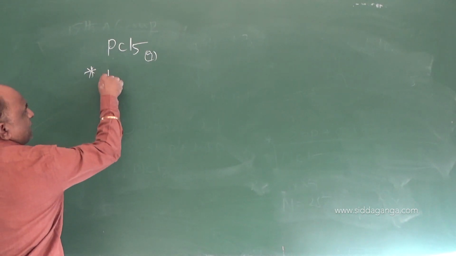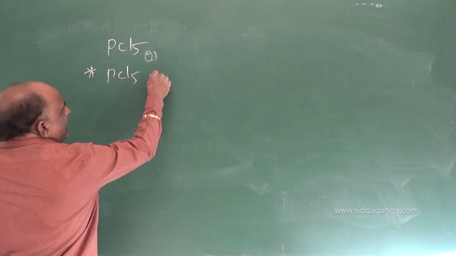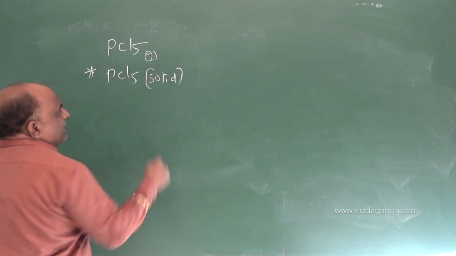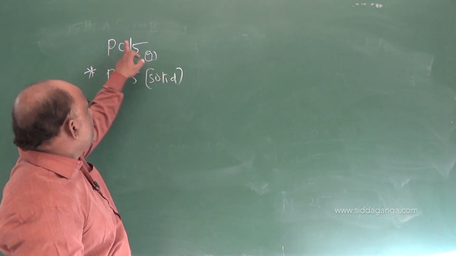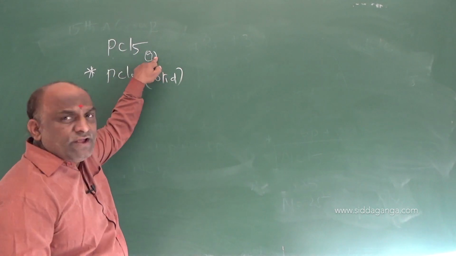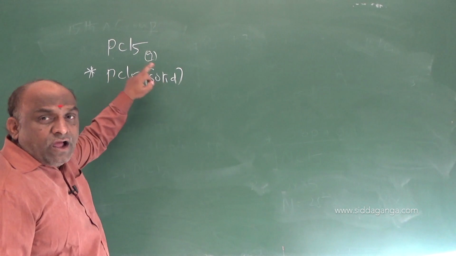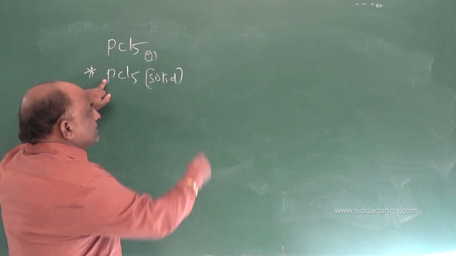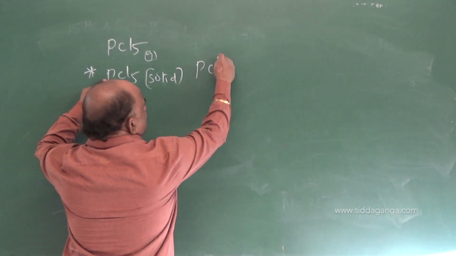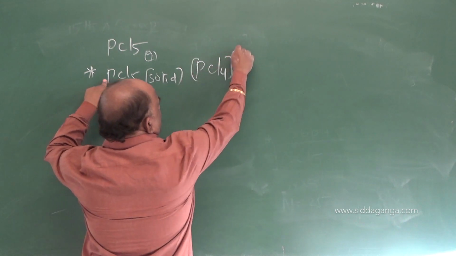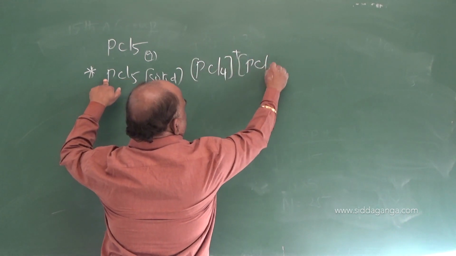The formula PCl5 is applied when it is in the gaseous state. Suppose PCl5 is in the solid state, how does the molecular formula exist? It exists as PCl4 plus and PCl6 minus.